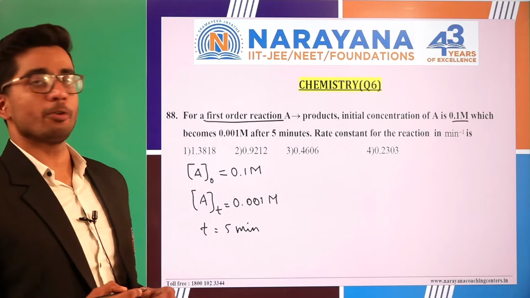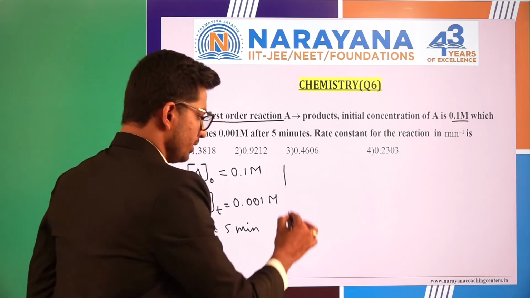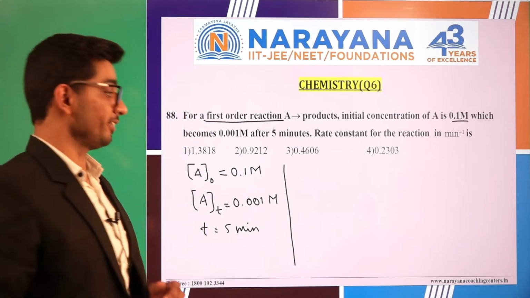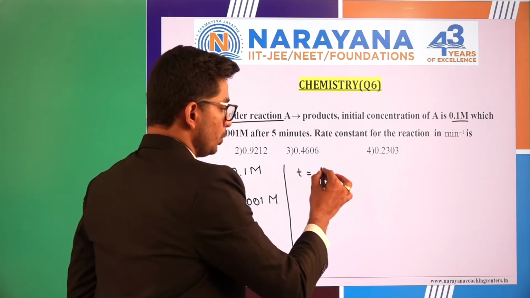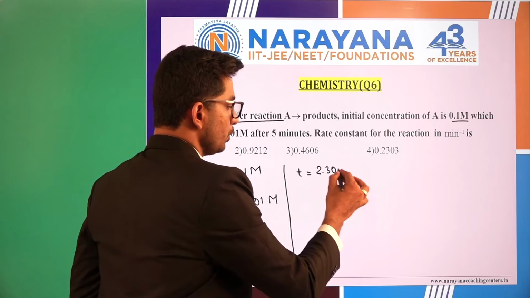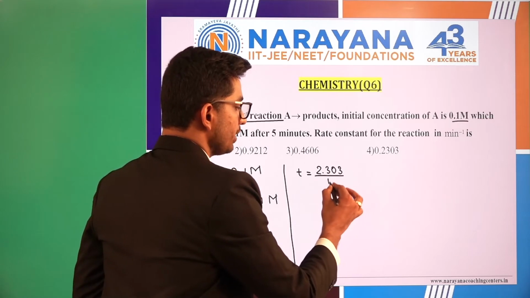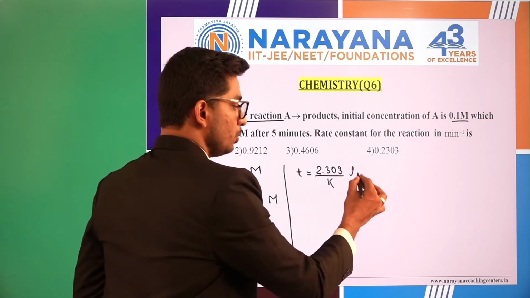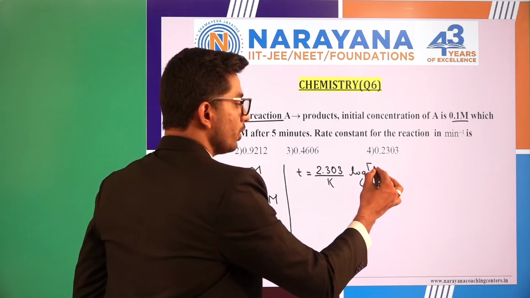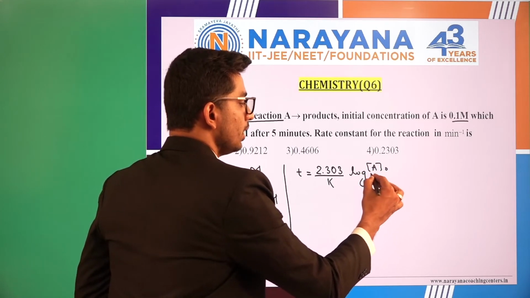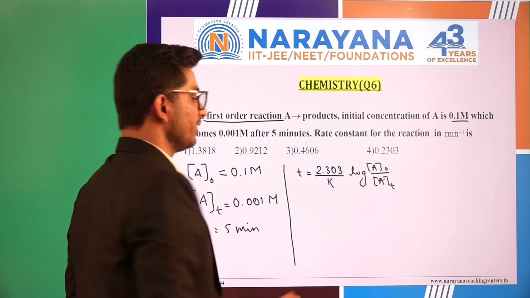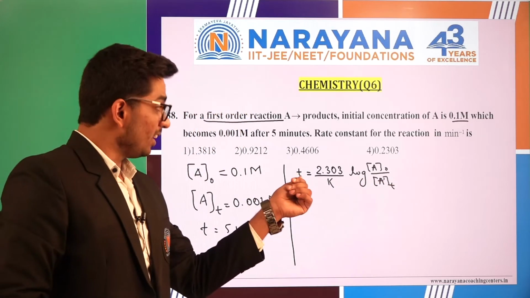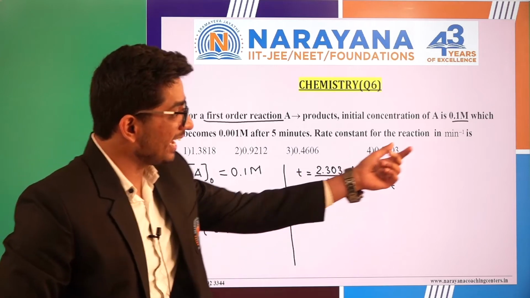So the rate constant for that. We already know the formula for first order kinetics. It is time t equals 2.303 upon rate constant k into log of A naught upon A t. That is the expression for first order kinetics. We know the time here, and we have to get k in minute inverse.